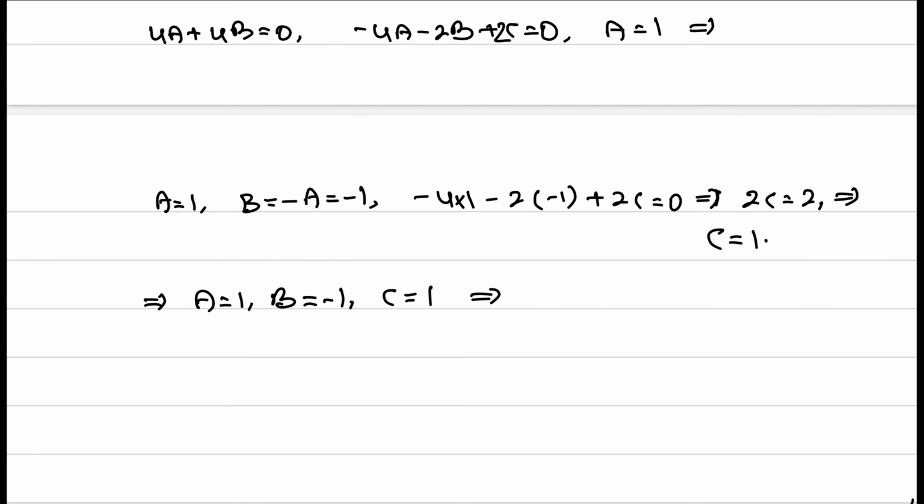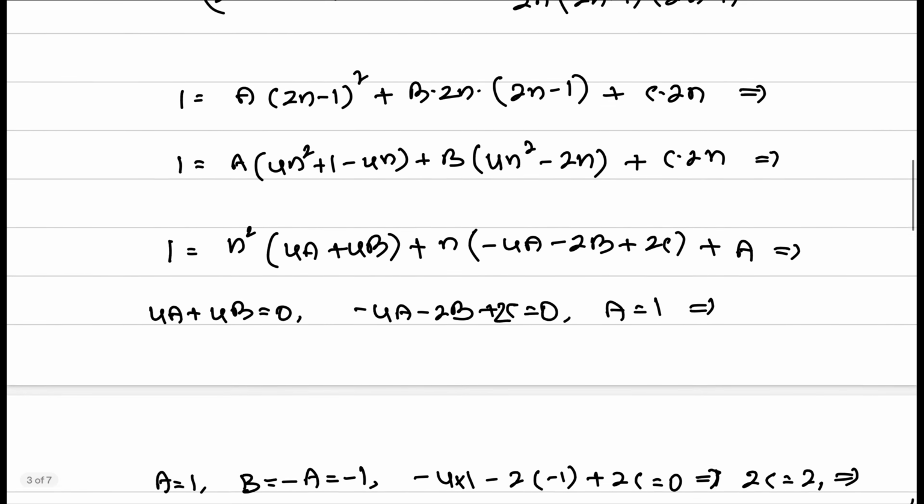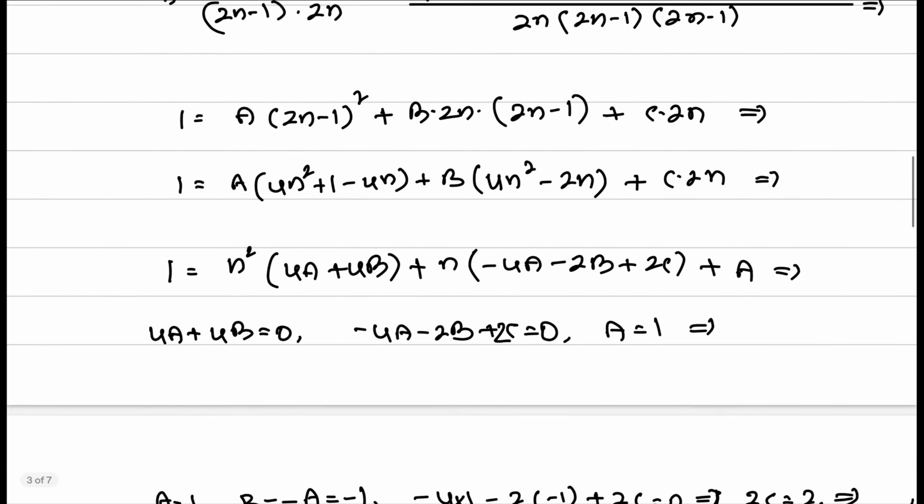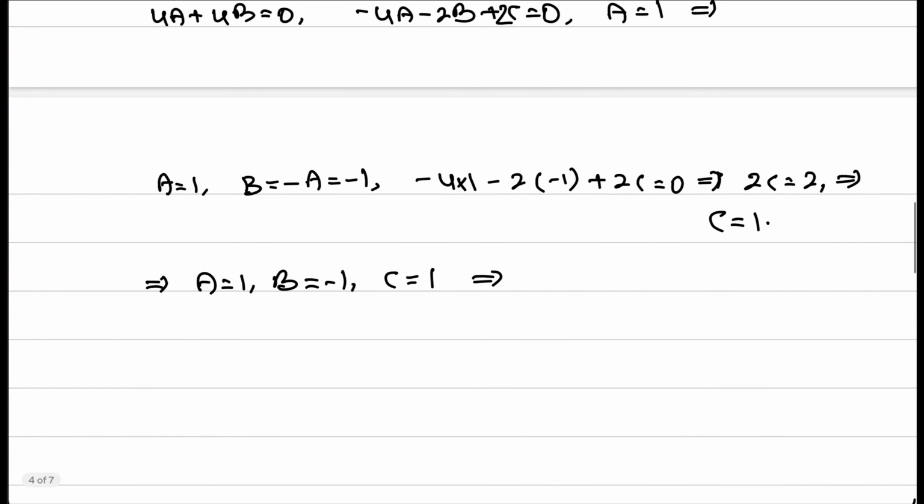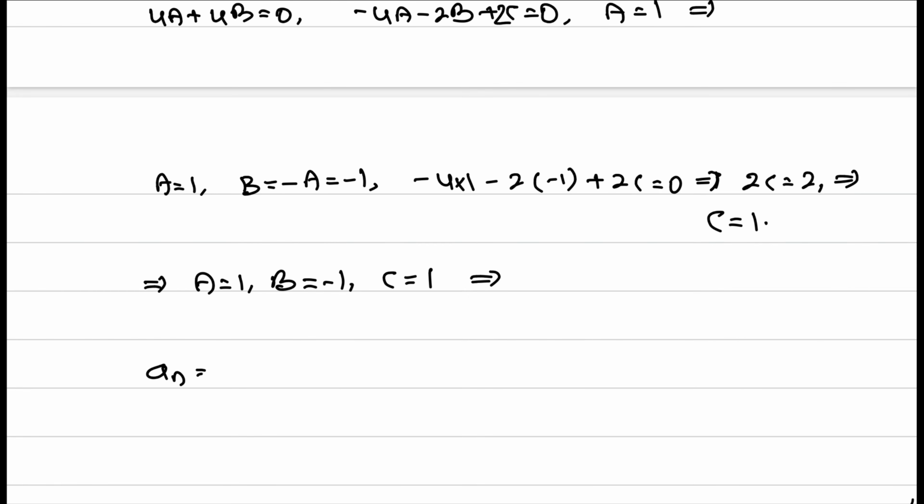Then you put these values in the equation. An is equal to A by 2n plus B by 2n minus 1 plus C by 2n minus 1 whole square.